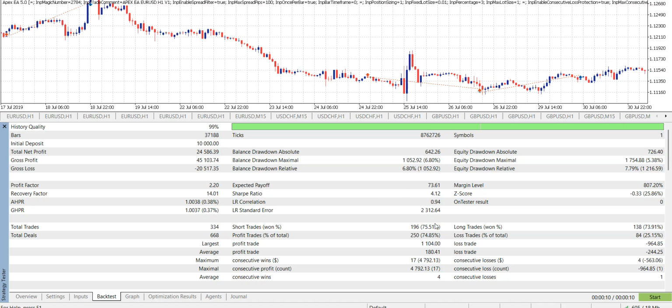And my intention was to have a pretty good win rate, but a risk to reward ratio that is not terrible, because in the past I was really thinking about it. What I'm seeing in most EAs, and I was doing some of this as well, is that you have a pretty good win rate, but you have like 2 to 1 and 3 to 1 risk to reward ratio.